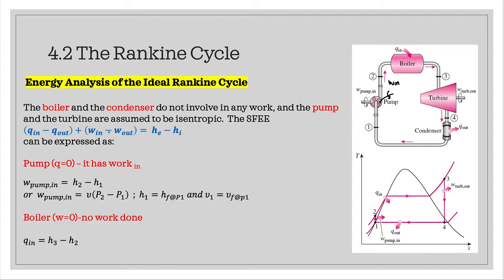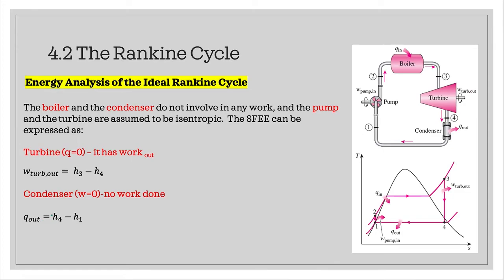Then we have minus W out is equal to H4 minus H3. If I move the minus to the right, I will get W out is equal to H3 minus H4.